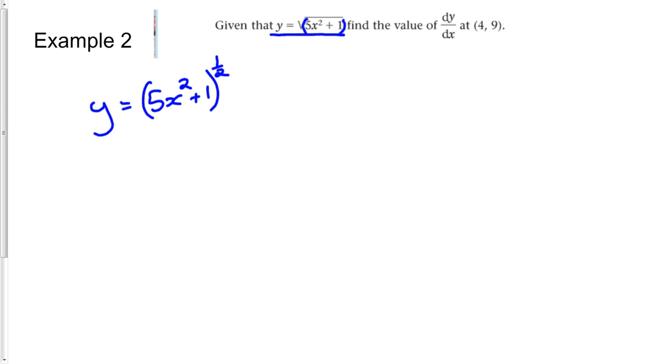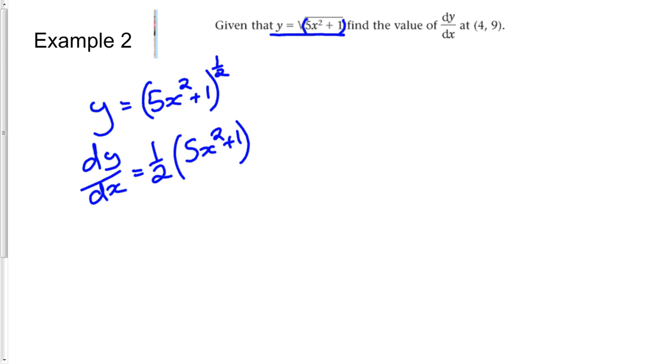So if we do exactly the same as we did last time, so that's going to be dy by dx equals a half multiplied by 5x squared plus 1. Then we need to subtract 1 from the power, so that's going to be to the power of minus 1 half. And then we multiply by whatever's inside the brackets differentiated, so that's going to be 10x, because the 1 just goes away.